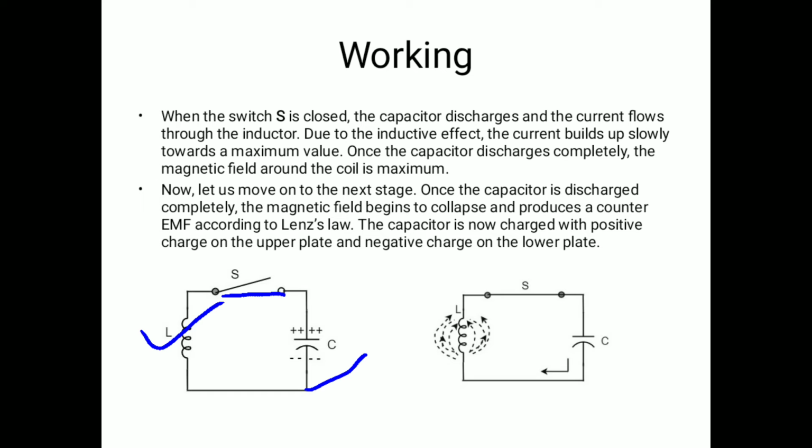Now what will happen next? Once the capacitor is discharged completely, the magnetic field begins to collapse and produces a counter EMF according to Lenz's law. So the capacitor is again charged, with positive charge on the upper plate and negative charge on the lower plate.